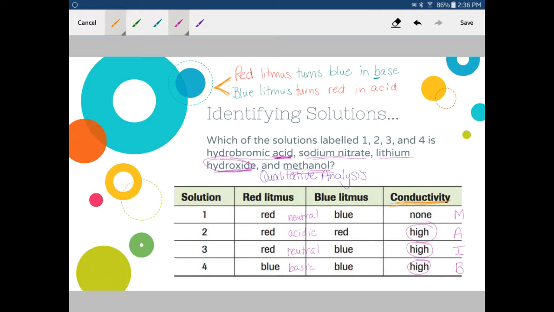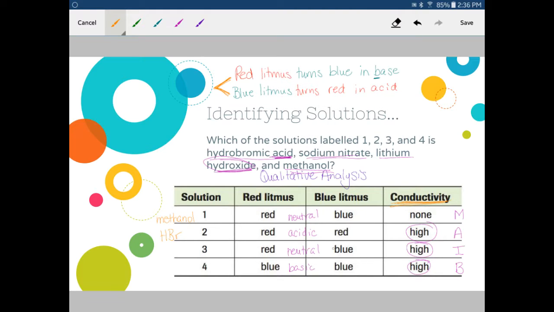So when I go to label these, I see that my molecular compound dissolved in water is non-conductive, it's neutral, it doesn't turn either of my litmus papers any color. So this would be my methanol. This next example we said was acidic, which would be my hydrobromic acid, or HBr.